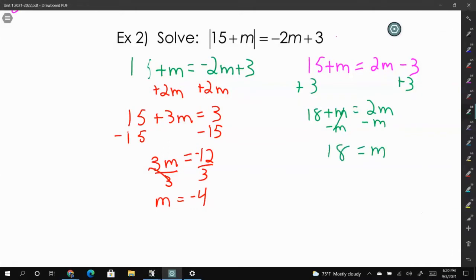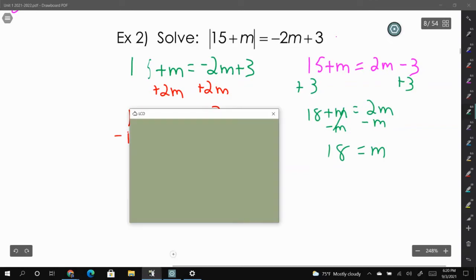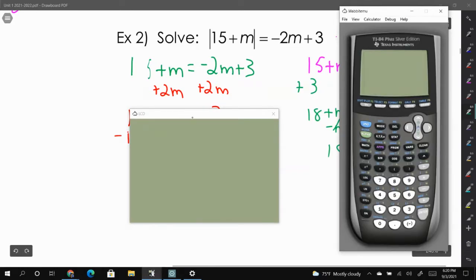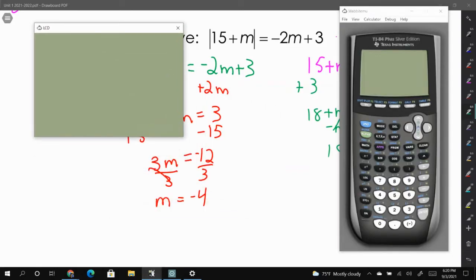So then we're going to check our answers. And this one's going to take a little bit more time to check in our calculator, because the right side of the equation doesn't equal just 3. It's -2 times m plus 3.